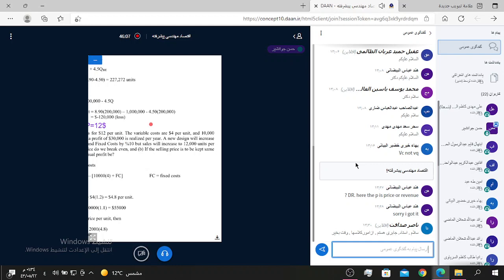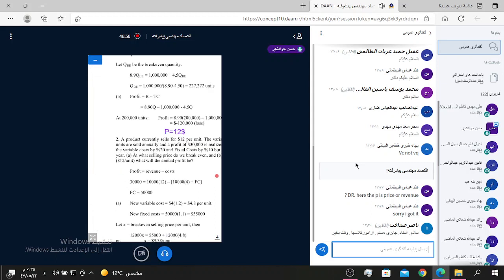V is $4. And for quantity, Q is 10,000 units are sold annually.